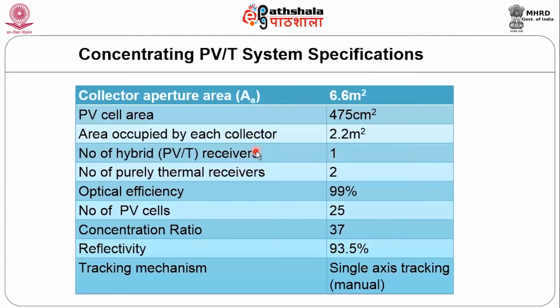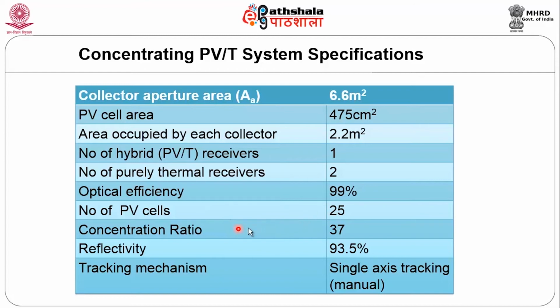And this is the spec of the concentrating PVT system. The PV cell area is about 475 centimeter square, the collector aperture area is about 6.6 meter square, and the area occupied by each collector is about 2.2 meter square. The number of hybrid PVT receivers is 1, the number of purely thermal receivers is about 2, and the optical efficiency of the collector is about 99%.